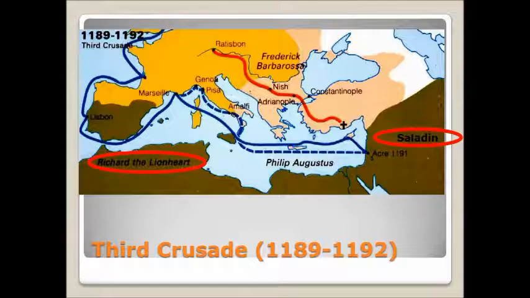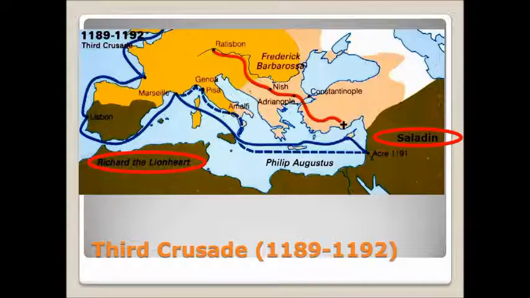The Third Crusade, and you'll see there's a couple different paths. A lot of them go over water through the Mediterranean Sea. Some come over land. In the Third Crusade, the Christian Crusaders are led by King Richard the Lionheart. You know, he has the heart of a lion, versus the Muslim leader, who is Saladin.